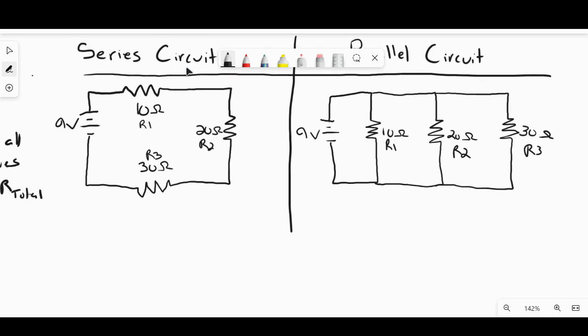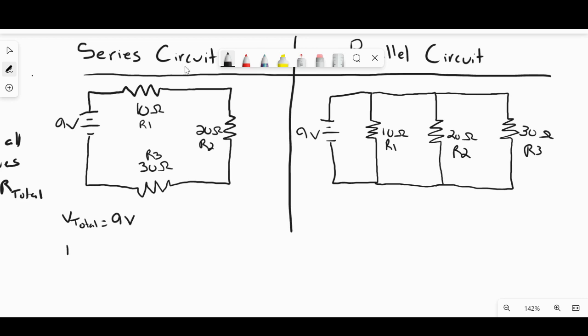All right, so I have a series circuit. The first thing I like to do with Ohm's law is look for total voltage, current, and resistance. So let's see what values I already know. Voltage total is 9 volts. Pretty straightforward there.